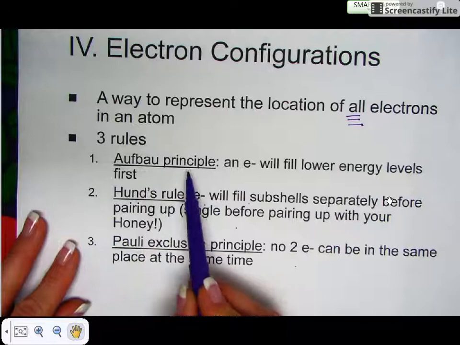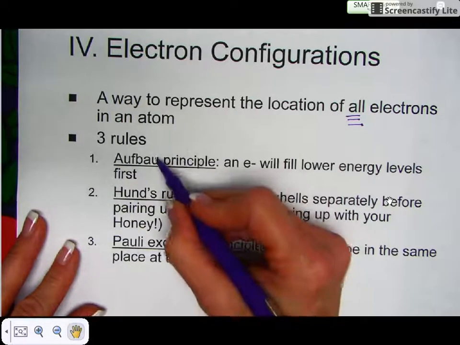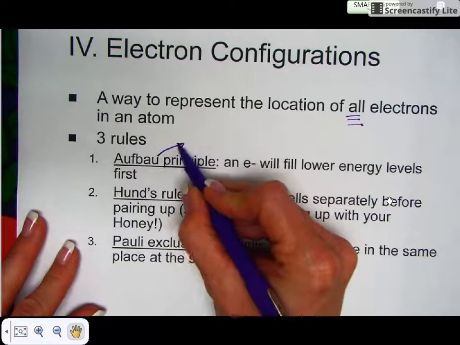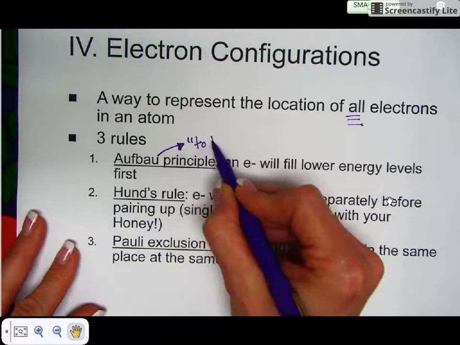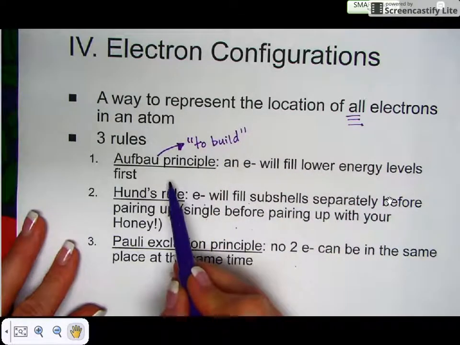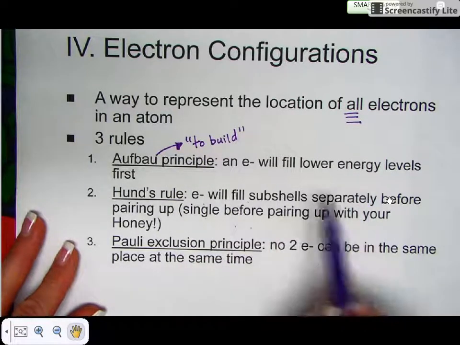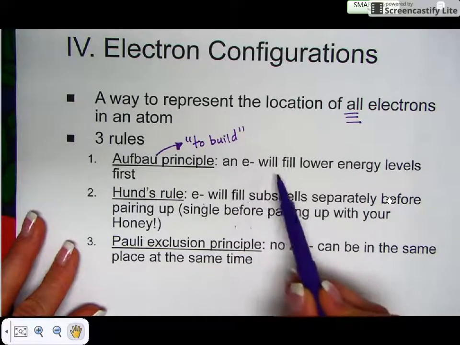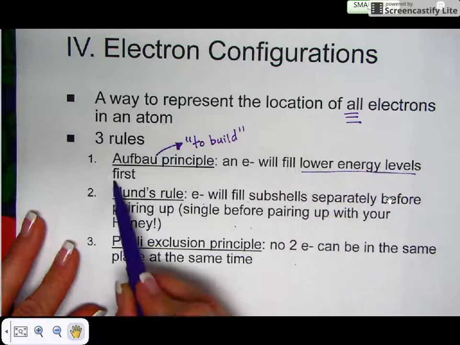The first rule is called the Aufbau principle. And this word Aufbau is a funny little word. It's a German word. And what Aufbau means in German is to build. So the Aufbau principle literally tells us how to build our electron configurations. And what it says is the electrons will fill their lower energy levels first.